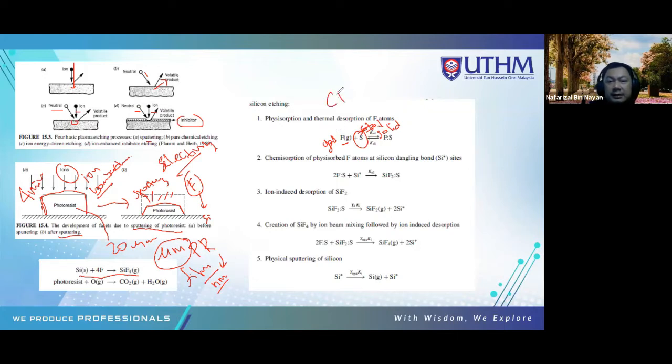Because we have CF4 gas, it will create CF, and the C and F will separate because of the plasma. That's how we can get the F. That F will react with the silicon, and then you get the etching process. Of course, you are chemistry students, so you should understand chemistry much better than me, I think. So this is the etching.